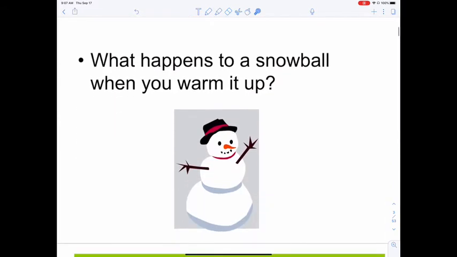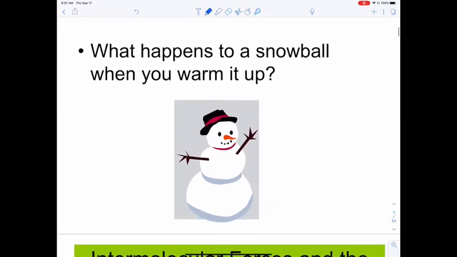So here, when we talk, for example, about a snowball, a snowball is made up of water molecules. Of course, we're always going to draw the bend now. When you warm a snowball up, what happens? Well, it melts, doesn't it? But the water molecule itself remains intact, because in ice, there's the water molecule, and in liquid water, there's the water molecule.